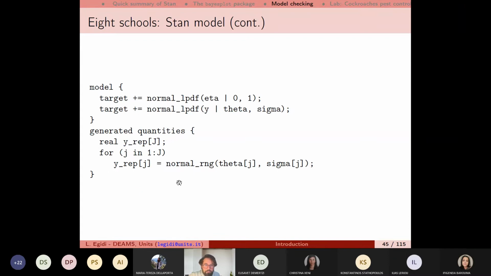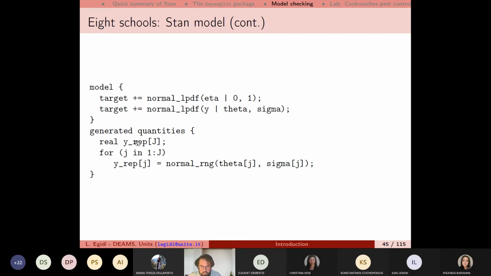Here I'm just replicating according to the likelihood for hypothetical replications, because these are in-sample replications, these are copies of my data. This is exactly the same likelihood that I'm using to fit the model. So basically, for each value of my posterior distribution, I'm generating hypothetical replications for my data.